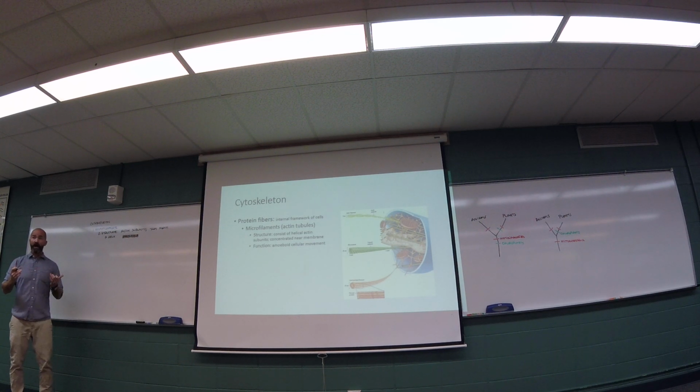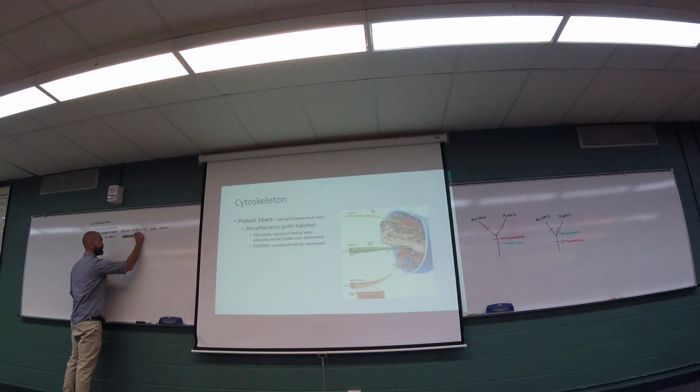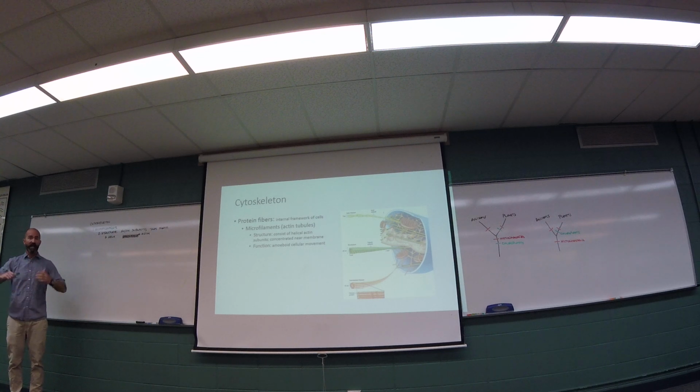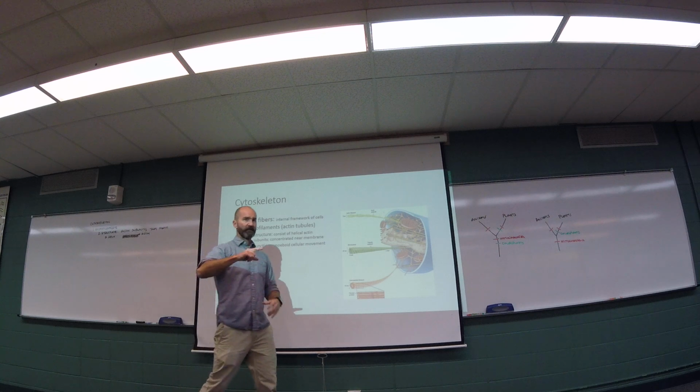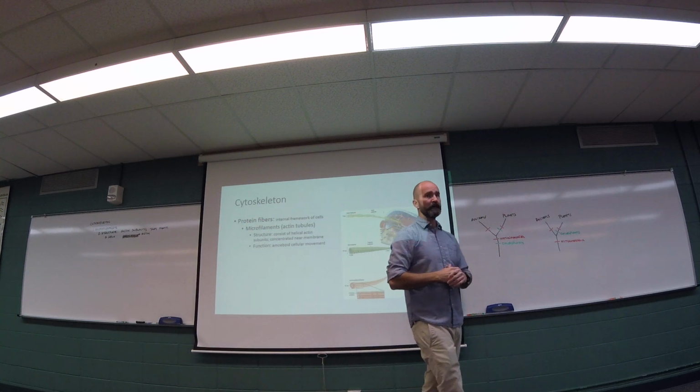Each one of those little circles is an actin protein. It's called an actin dimer, actually. It's a whole bunch of these little actins all stuck together that spiral in space.